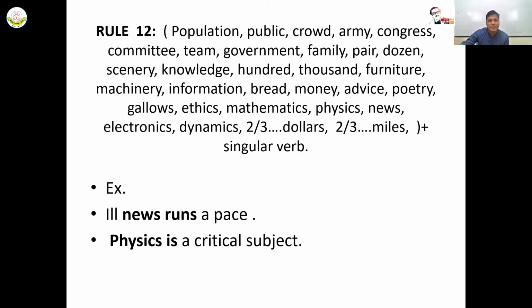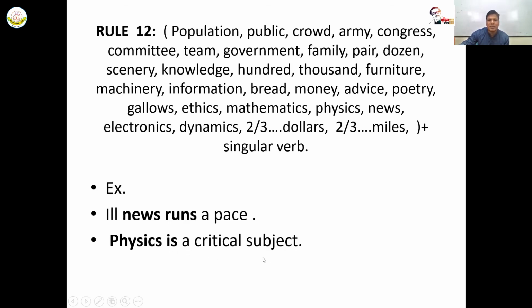That means these words always take the singular verb, though they physically look plural. Suppose the news. This news looks plural, but takes the singular verb. Physics also looks plural, but it takes the singular verb.